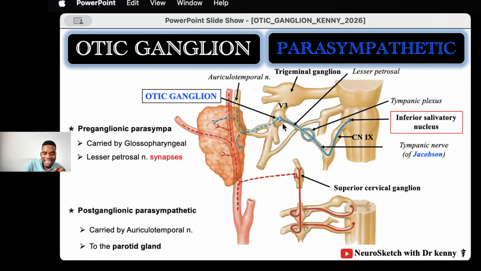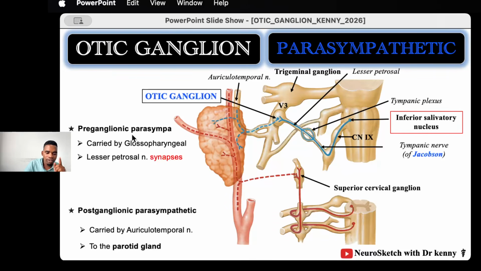And then within the ganglion, there occurs a synapse. The lesser petrosal nerve synapses within the Otic ganglion, and then we have the postganglionic parasympathetic fibers. Now they are carried by way of the auriculotemporal nerve.